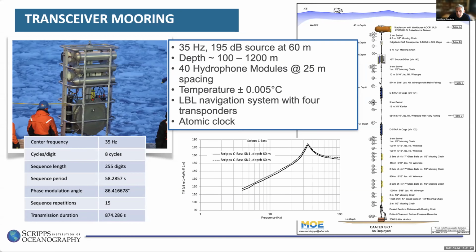These hydrophones do listen to the same sound source on the mooring, but it's only for calibrating the source. Their main purpose is to listen to the sound source on the other side of the Arctic. And the moorings that don't have sources just don't have this piece; all the other hydrophones and controllers are still there. Thanks.